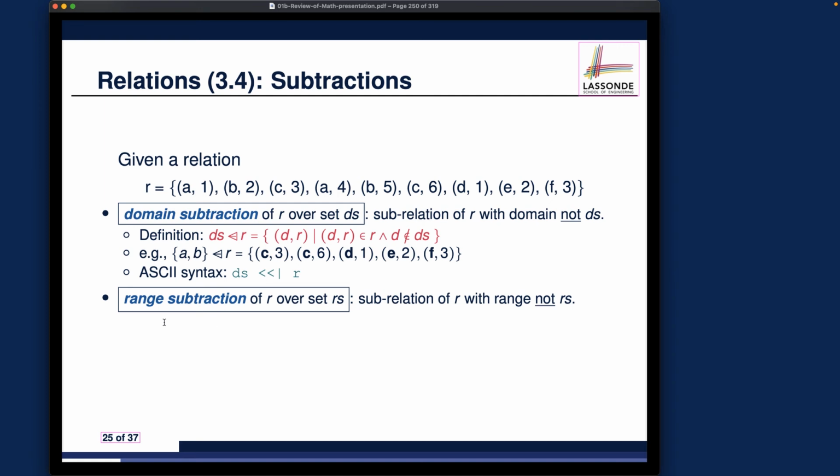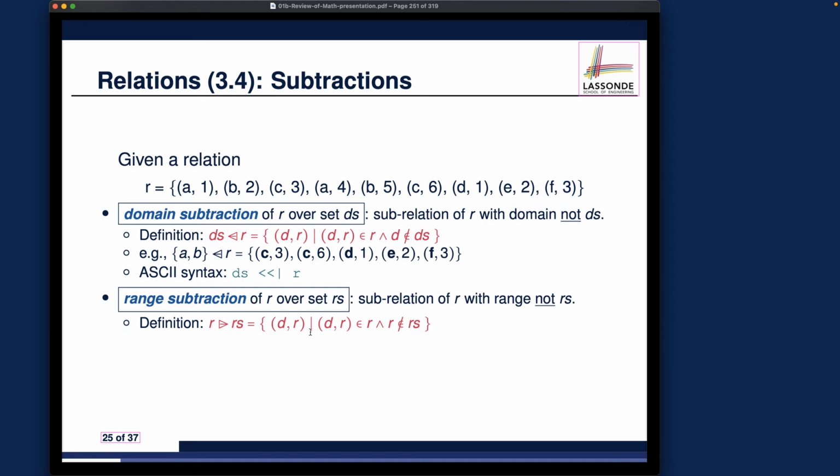Okay, so range subtraction of some relation R over a certain set, the restriction set, okay, so the subtraction set. It's going to be a sub-relation with basically the range not in RS, right? Let's now take a look. So if I say R range subtracted by RS, is going to be another relation over here where each ordered pair, first of all, it should be in R. At the same time, the range is not in RS, which we want to subtract from.